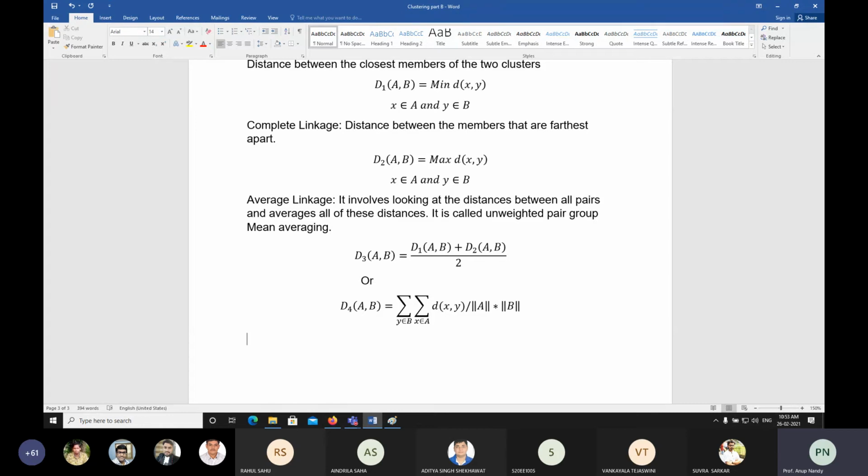All are under the discrete method. These are the things that you should know. So basically, agglomerative clustering uses single linkage, complete linkage, and average linkage.